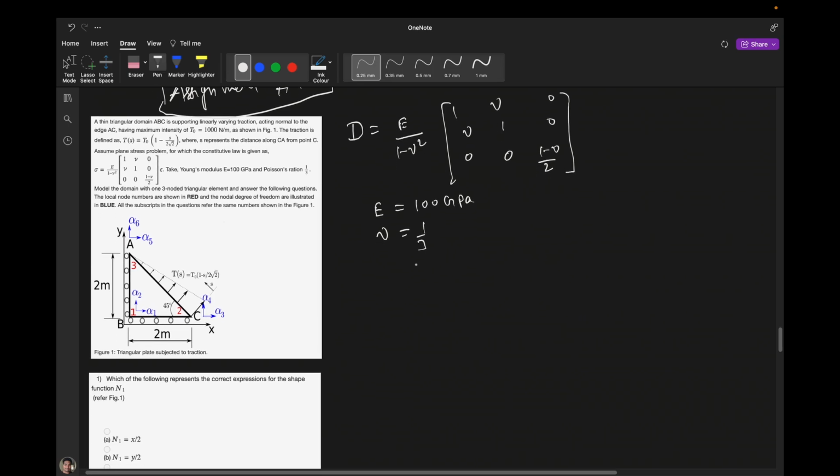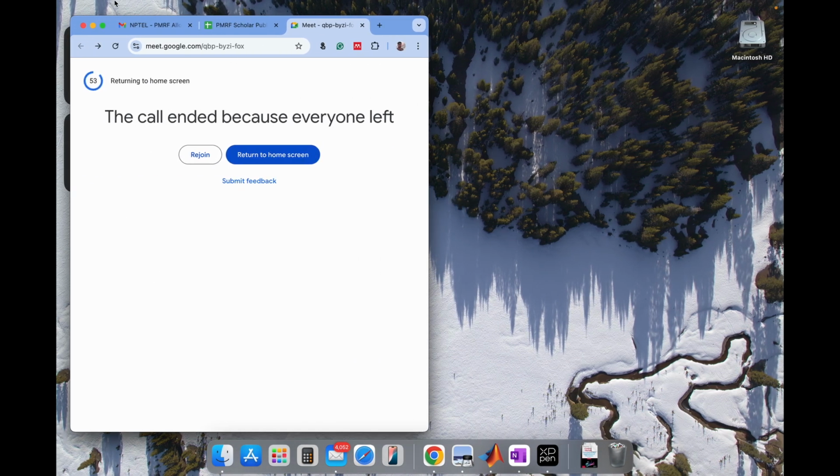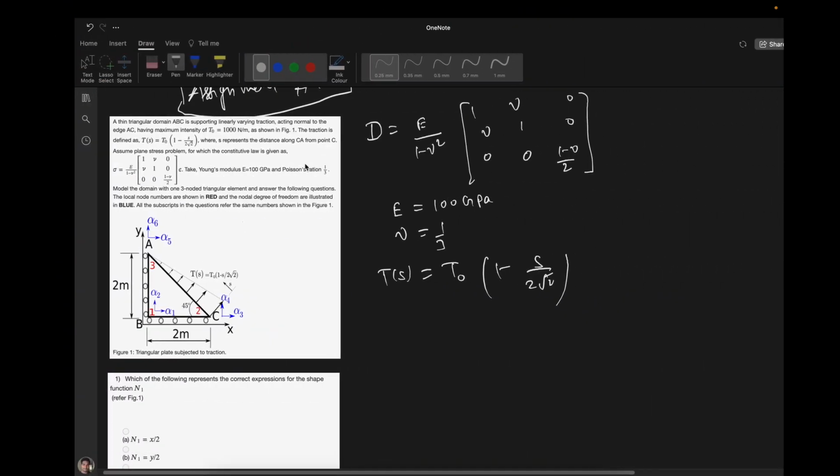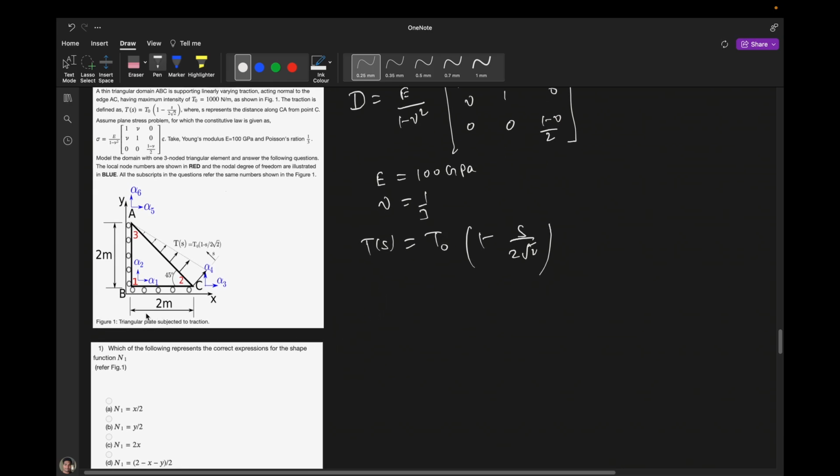Okay, and also there is a Neumann boundary condition on side AC, which means that Ts is given, that is T naught (1 minus S divided by 2 root 2). Okay, and here there is a Dirichlet boundary condition.